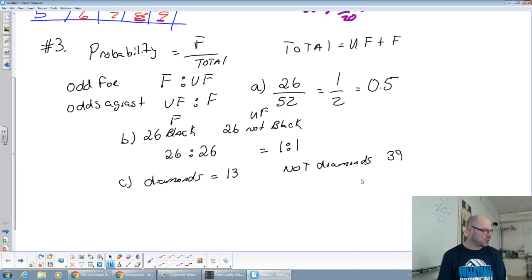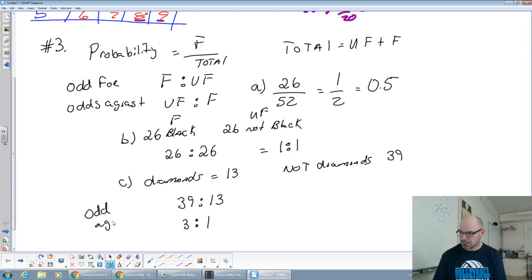Or if you want to do suits, you can go 1 suit of diamonds and 3 other suits because it's going to reduce down. So it says the odds against. So odds against is non-favorable over favorable. So 39 to 13, which if you reduce that down, it's 3 to 1. Odds against.